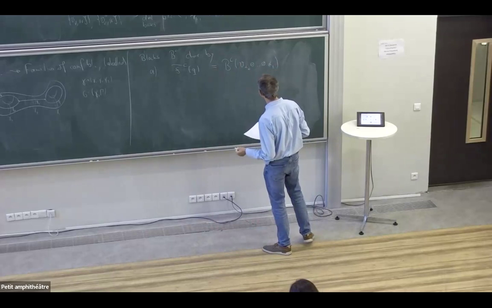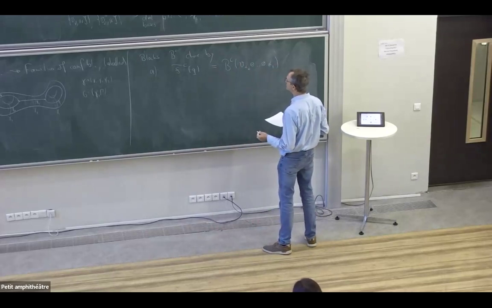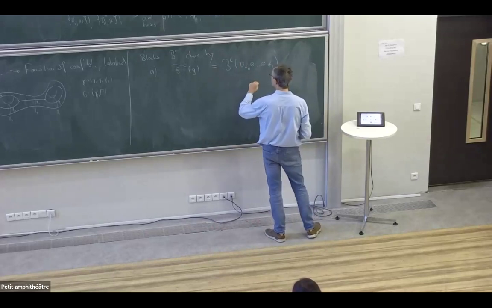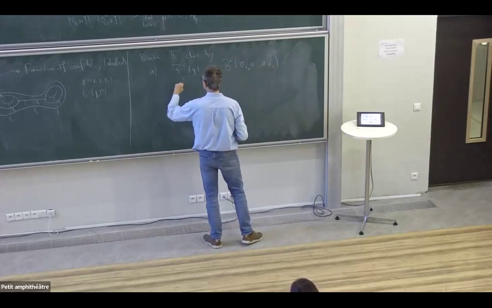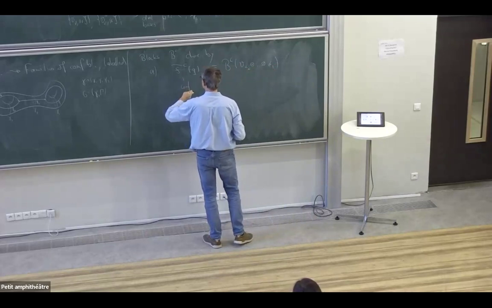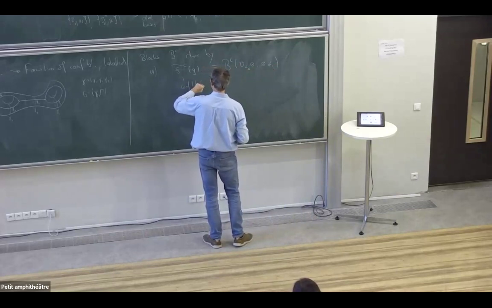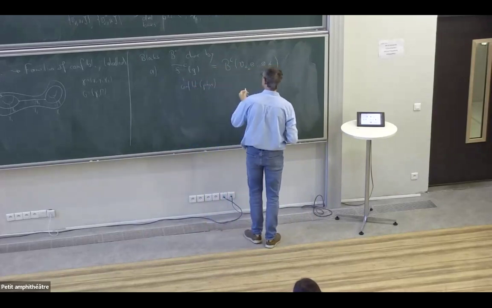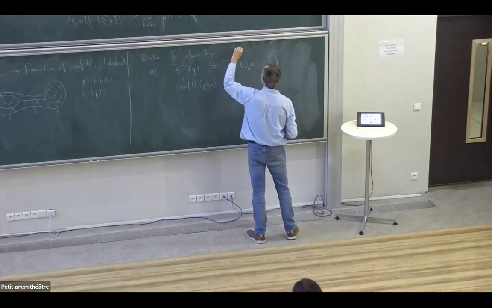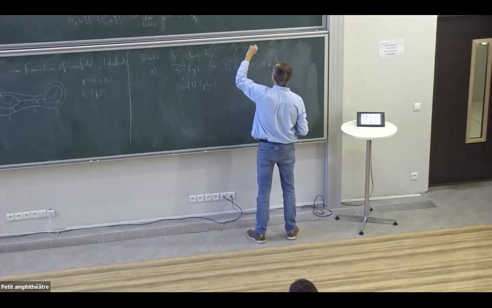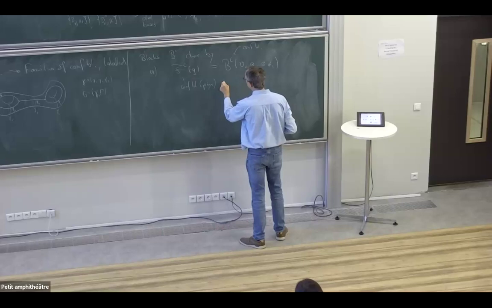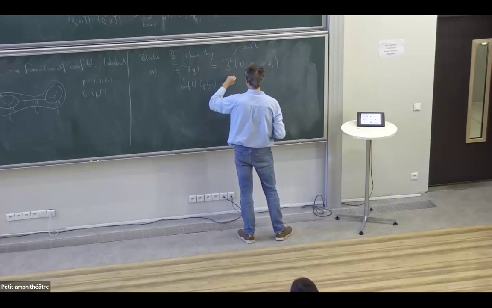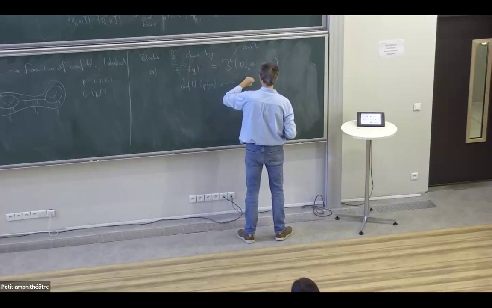I find the use of terminology here in the physics and math literature slightly unsatisfactory. This is what physicists call conformal blocks, and this is what mathematicians call conformal block. We could avoid confusion by calling it chiral partition function also.